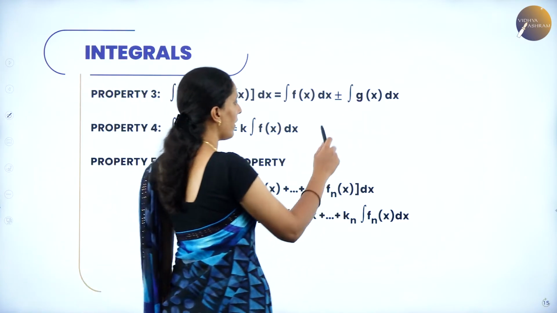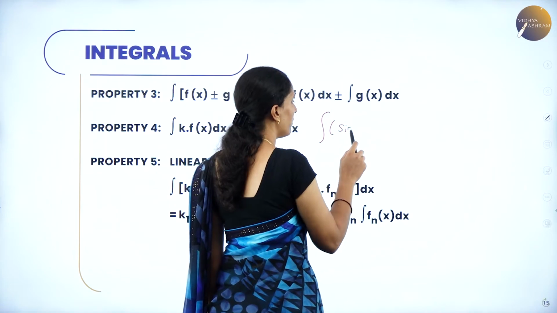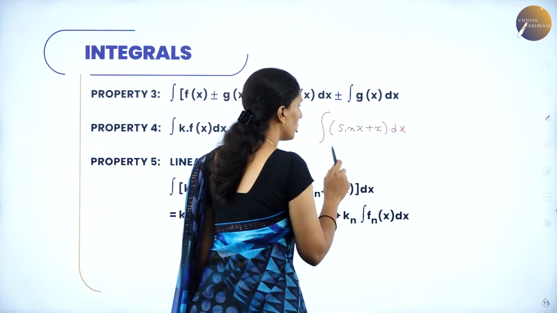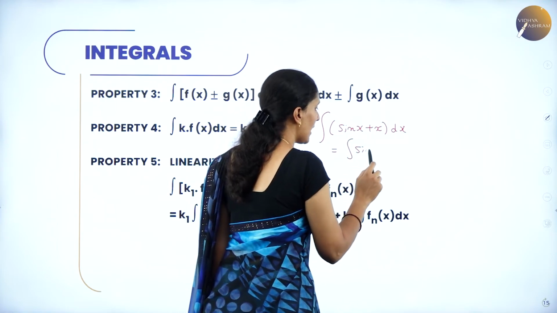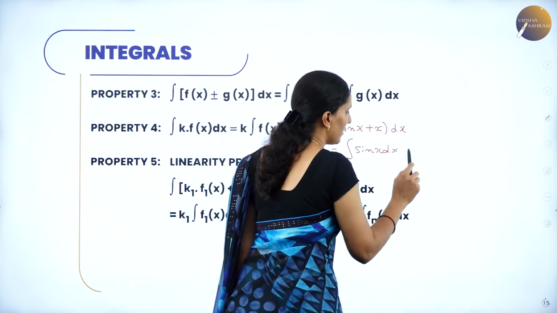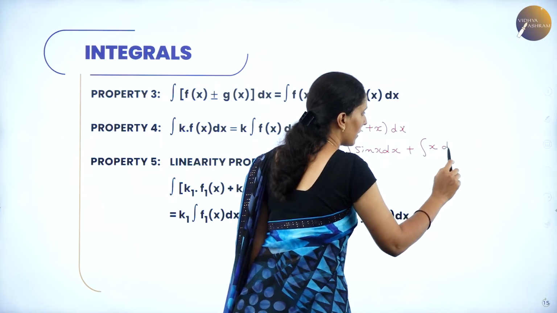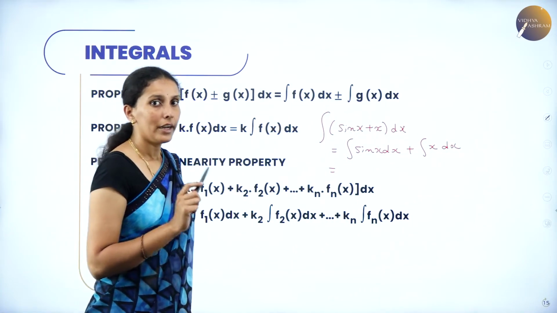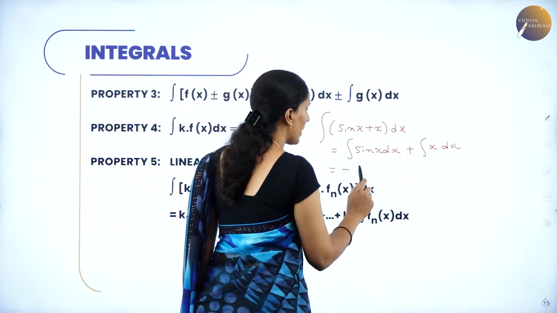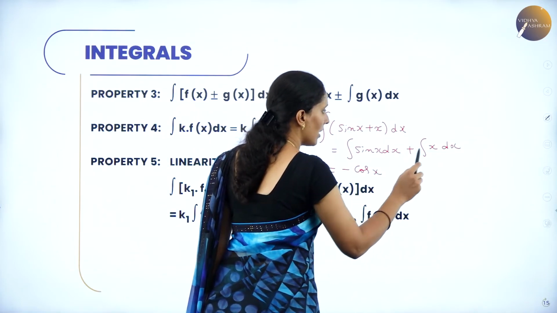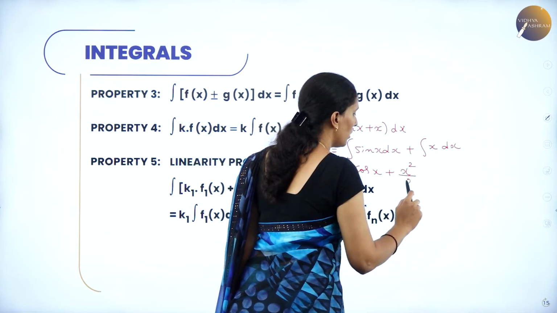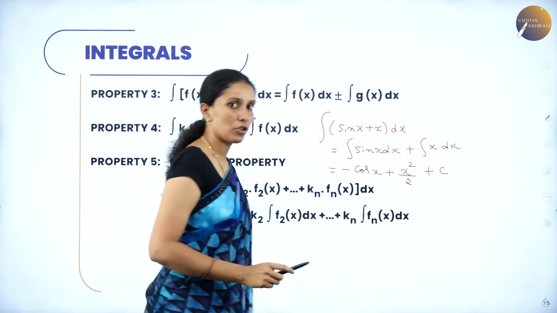For example, whenever integration of sin x plus x is given, apply integration of sin x dx separately and x dx separately. So, what is integration of sin x? Integration of sin x is minus cos x. And what is integration of x? It is x square by 2 plus c, where c is the integration constant.